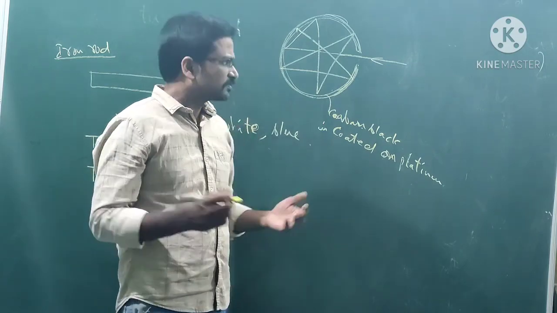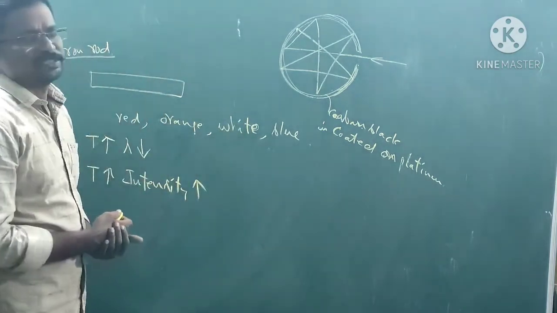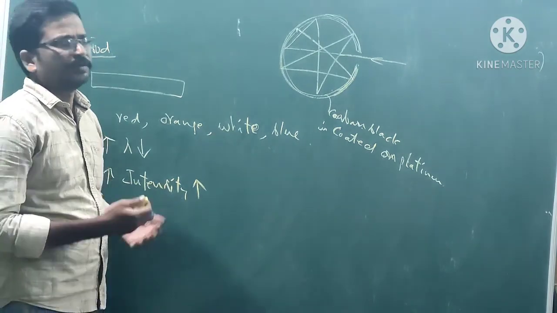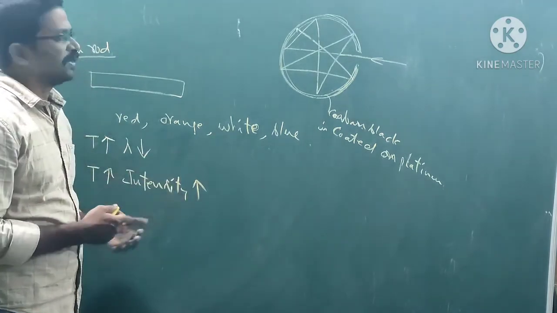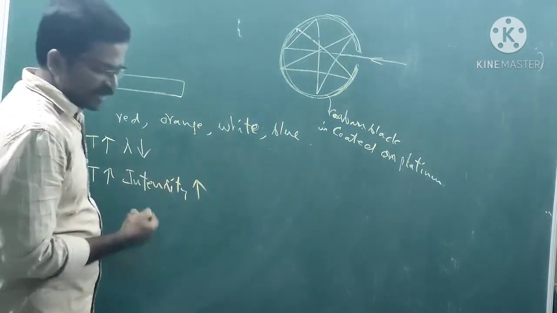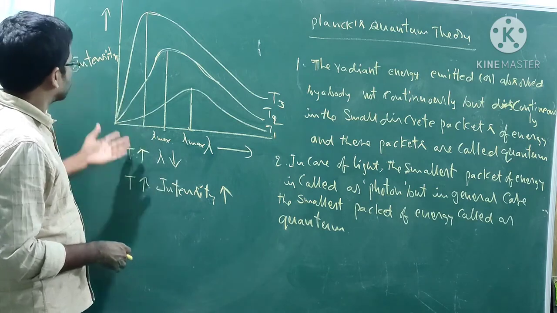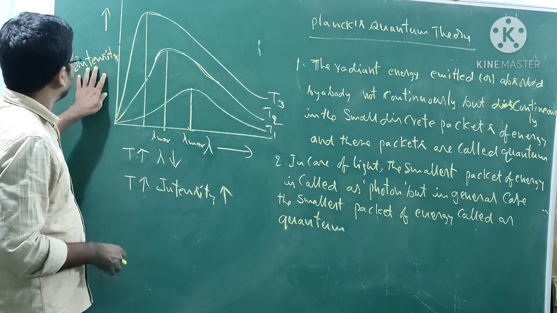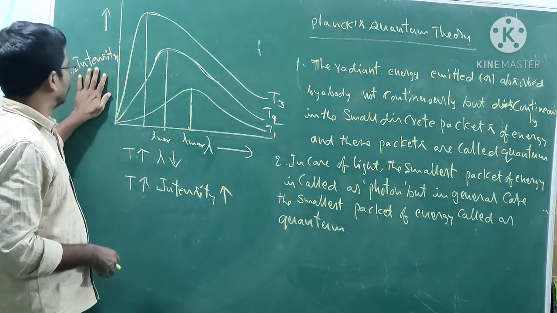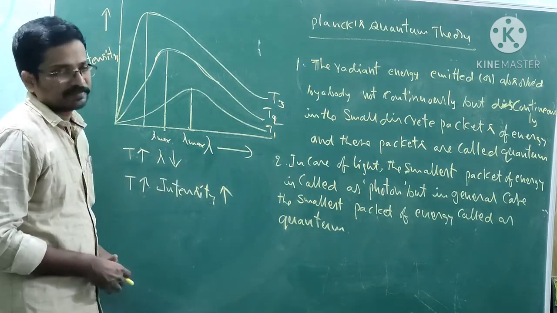Let us explain one graph. This is very important for the Planck quantum theory concept. This is an experiment. In this experiment, they took intensity on the y axis and lambda on the x axis.